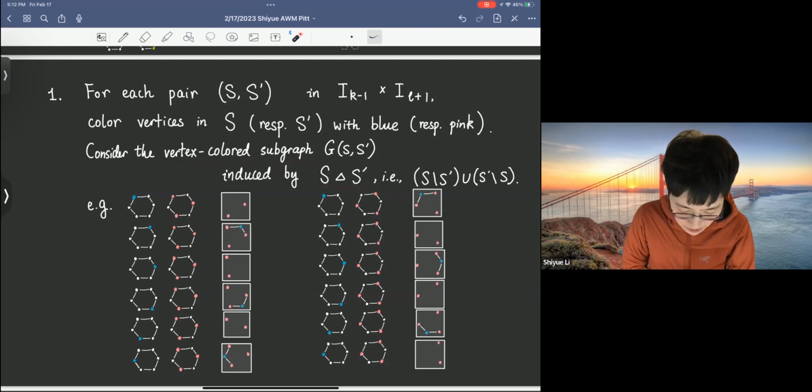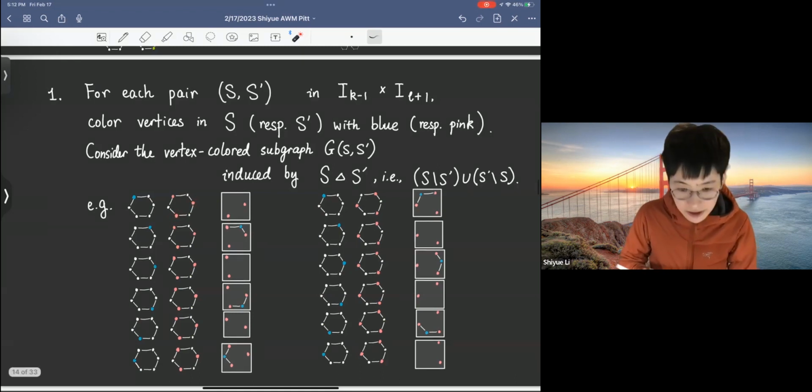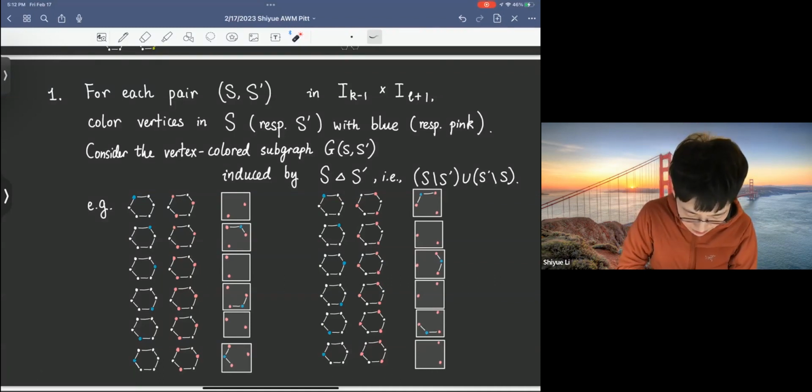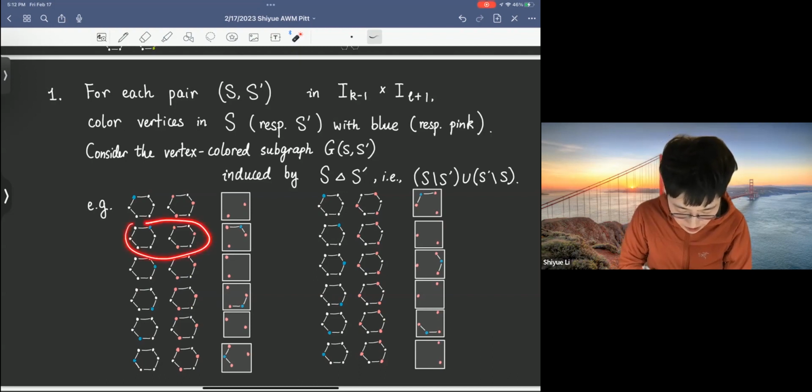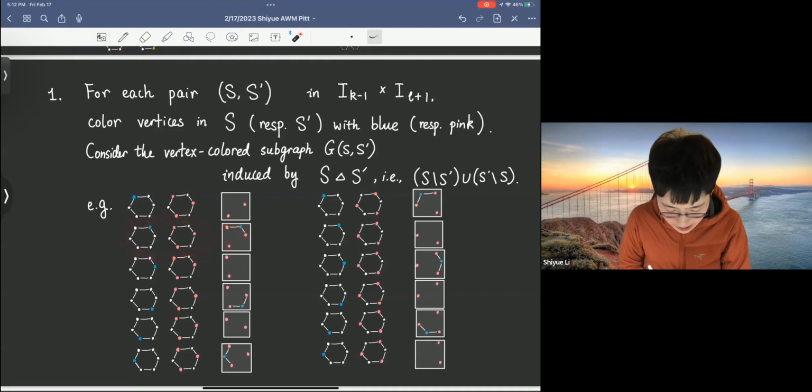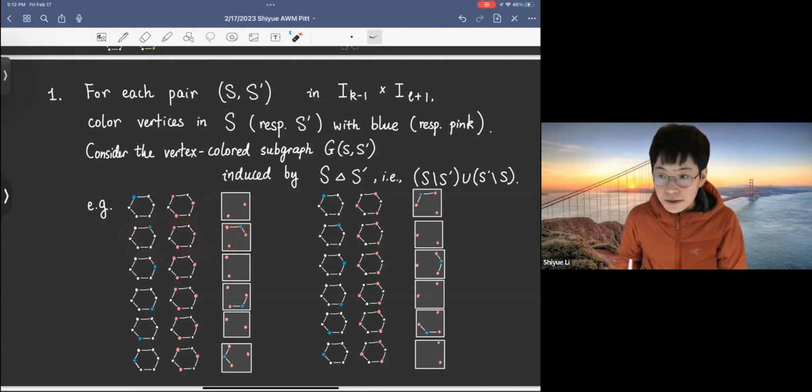By the symmetric difference, I mean you look at the vertices that are not in the intersection but appear in either. For example, in this pair I obtained this as the symmetric difference, and I look at the induced subgraph. For this pair, the induced subgraph lets me add these two edges. You do so for all these pairs.